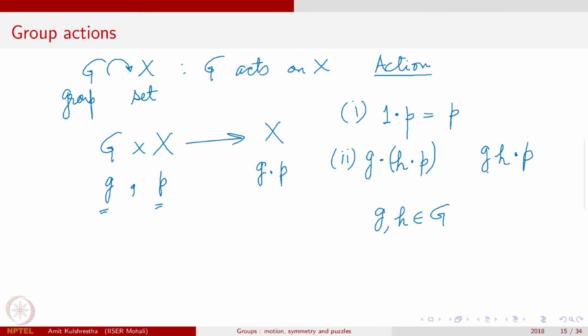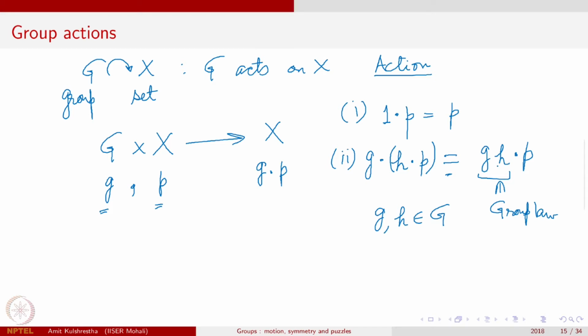When I write GH, GH is an element of G. It is the group law, right? So, for this map G cross X to X to be called an action, I want this to be equal. I want that the action of H followed by the action of G on H dot P is the same as the action of GH on P.